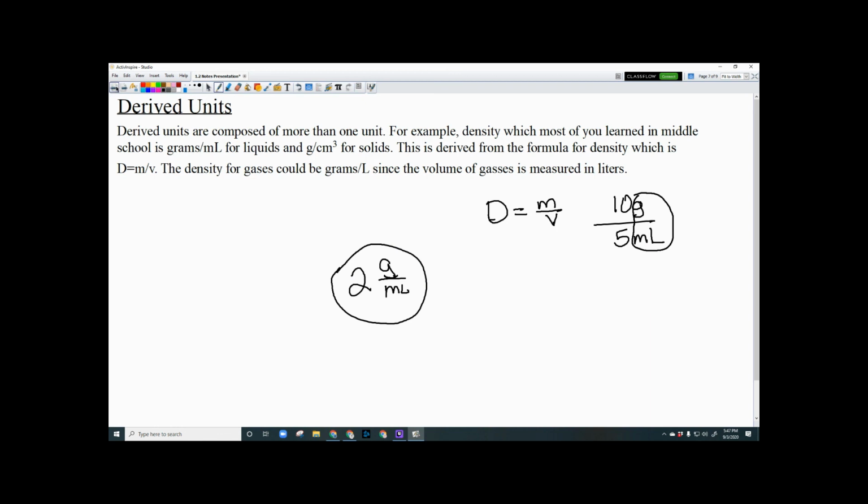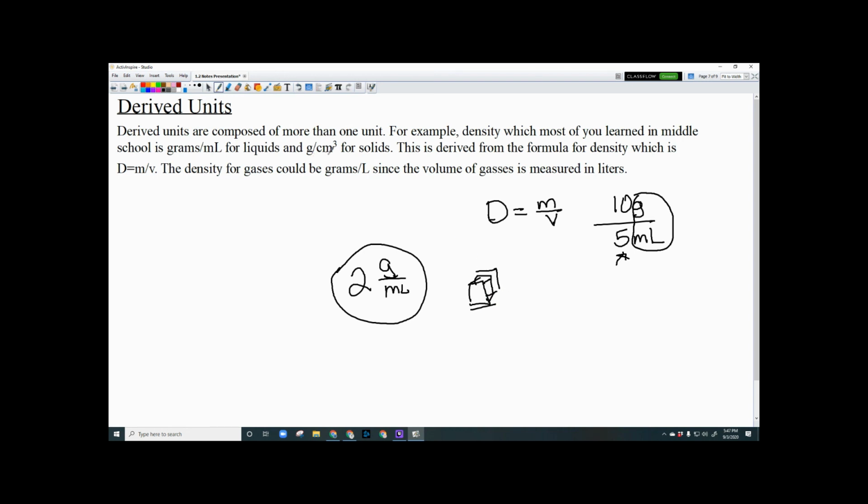And that happens with a lot of different units, not just grams and milliliters. So say, for example, if this was not a liquid, let's just say it was a block of aluminum, a cube. There we would use cubic centimeters because we would measure length, width, and then height, and we'd get the volume of this cube.